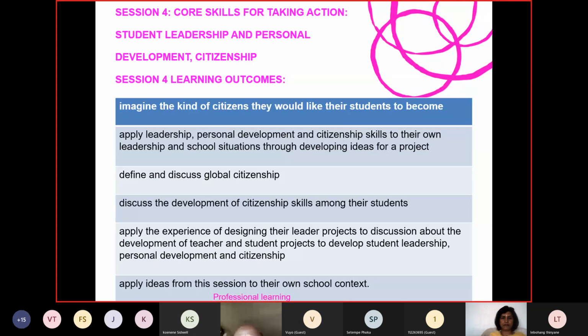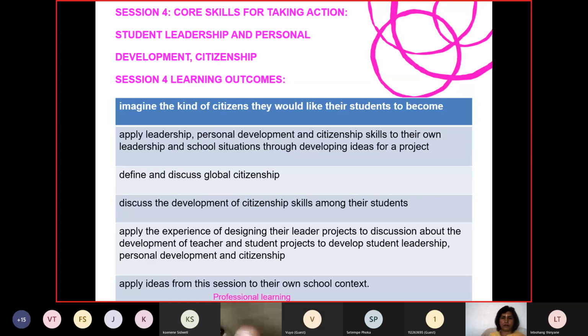Apply leadership, personal development, and citizenship skills to their own leadership and school situations through developing ideas for a project. Define and discuss global citizenship. Discuss the development of citizenship skills among their students.